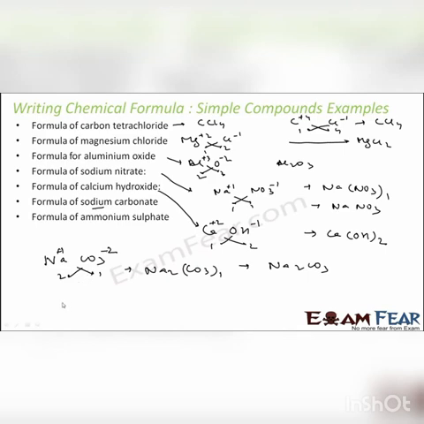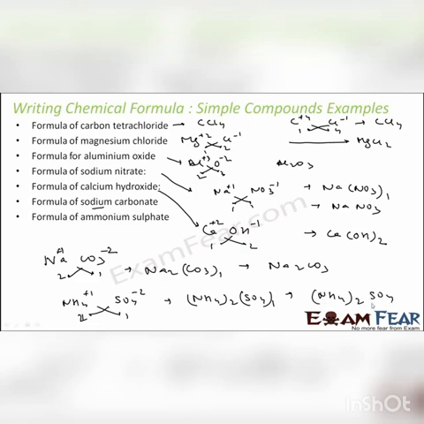Then ammonium sulfate, NH4 and SO4. This is minus 2, this is plus 1. This becomes 2, this becomes 1. This becomes (NH4)2SO4. Since SO4 is 1 here, you can remove the braces from SO4, but you cannot remove it from NH4. Please note that this has to be in the braces. For example, Ca(OH)2, it has to be like this. You can't write CaOH2.